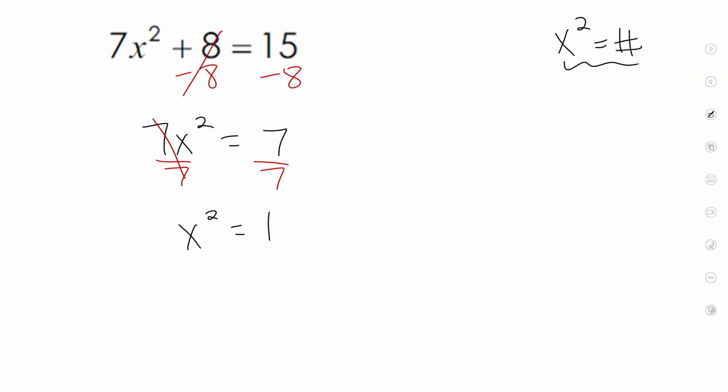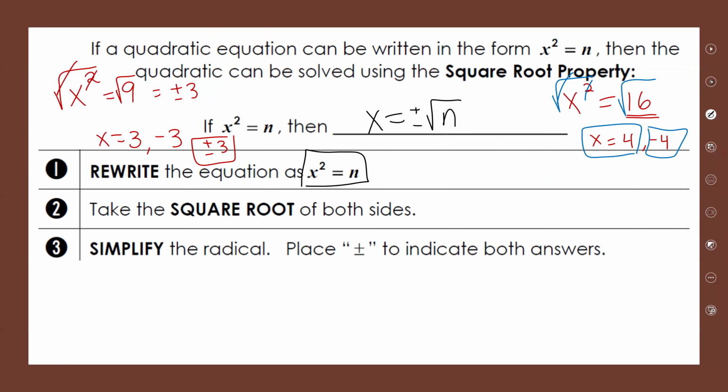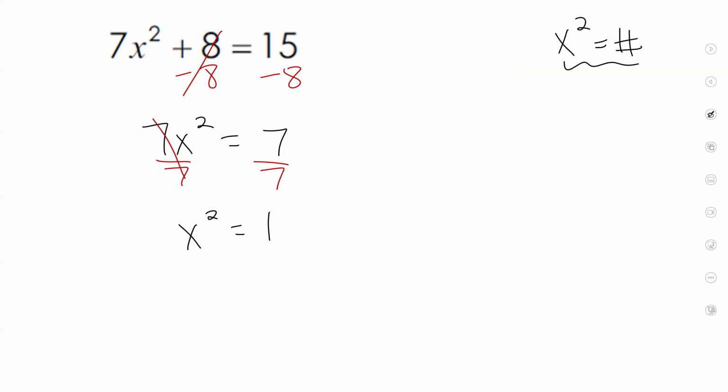All right, now let's look at what we're going to do. So I rewrote the equation. It looks like that now. Now I'm going to take the square root of both sides. Square root this side, square root cancels with the squared, and square root this side.